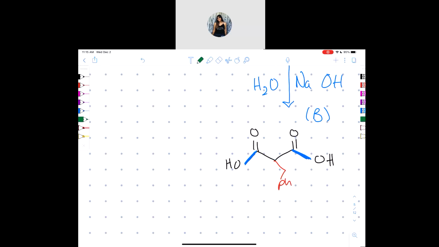Heat and a carboxylic acid. True, exactly. So you need heat. You also need the carbonyls to be beta to one another, and you also need one of these to be a carboxylic acid.